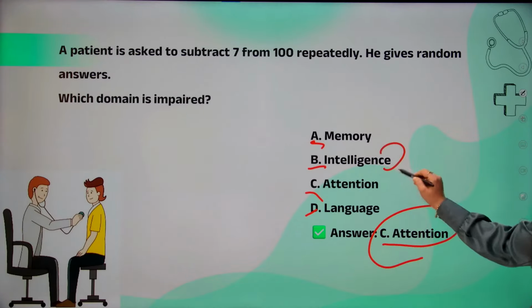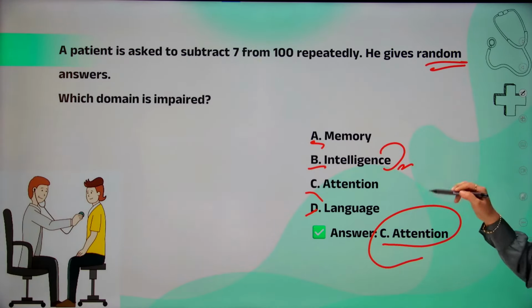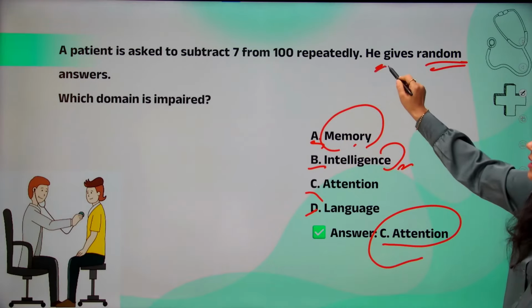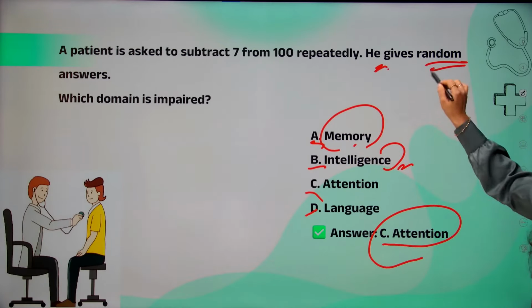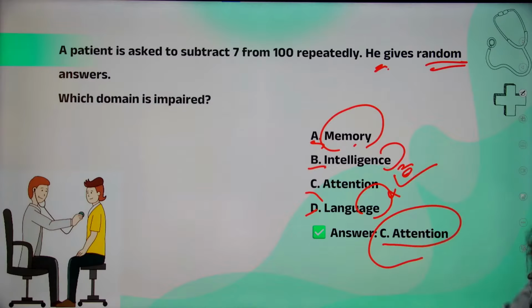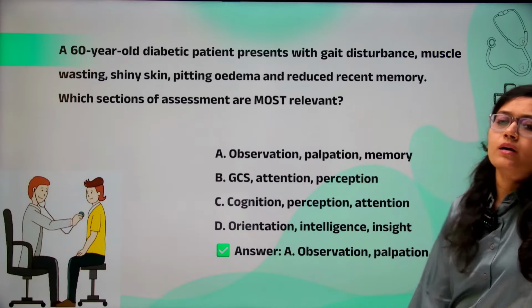Fine. Intelligence: random answers do not suggest that intelligence is low. Fine. Memory: he is easily able to recall, he can do subtraction. There is no language issue either, so the answer is attention. Think about the questions whenever you are learning.